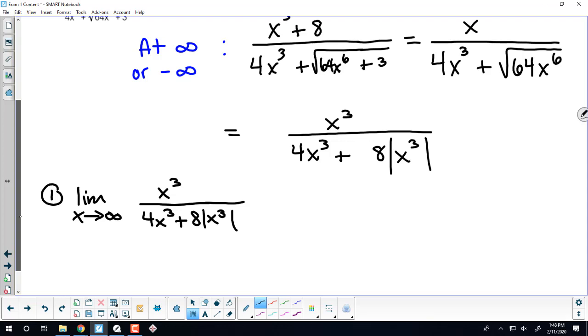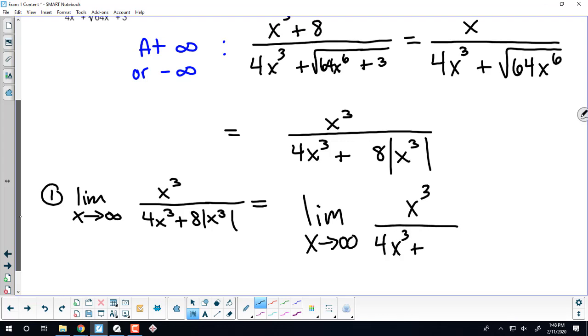So the absolute value in this instance for large positive numbers is not needed. Limit at infinity on this function is the same thing as the limit at infinity on this function. Is that okay? Makes sense?